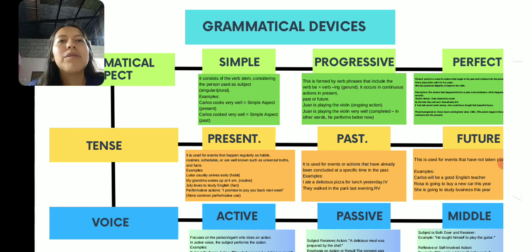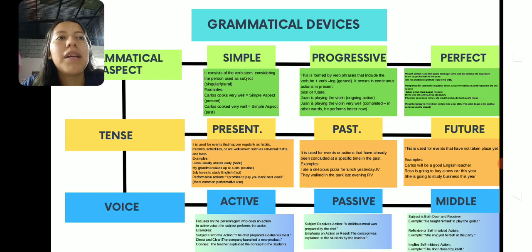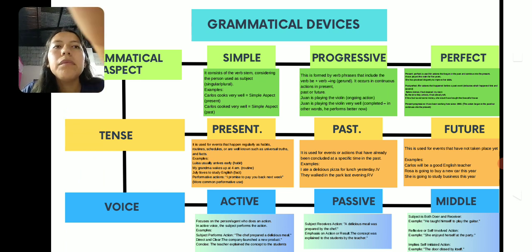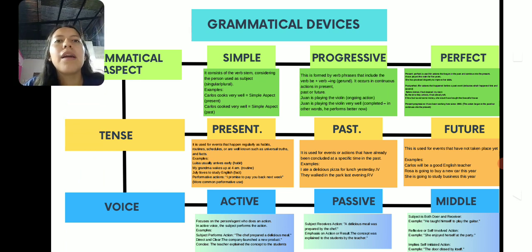Today I'm going to show my graphic organizer. This is my graphic organizer about the grammatical devices. There are some elements that must be considered at the time of forming text and discourse, such as using appropriate clauses and sentence structures.